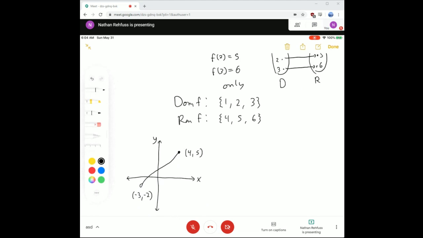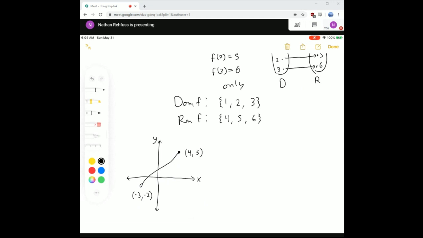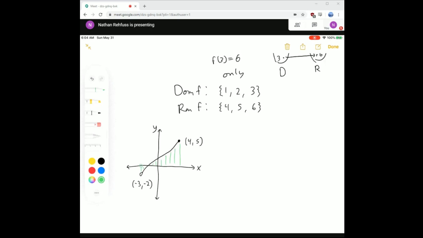If it helps, think of a light that casts a shadow down onto the x-axis. Actually, the technical term is projection. So think of an overhead projector. And that shadow is the domain. It's casting that shadow straight up and down. Those are all of the x values that can show up on the graph.